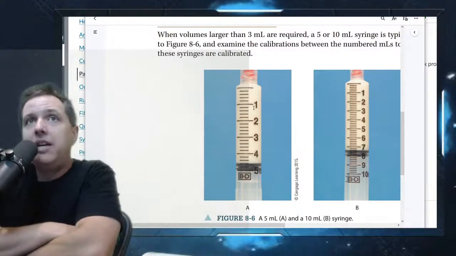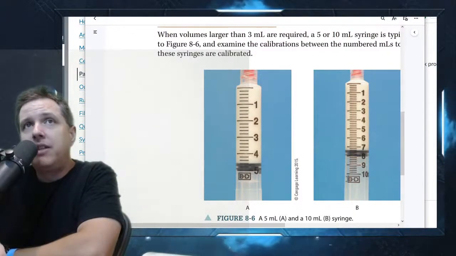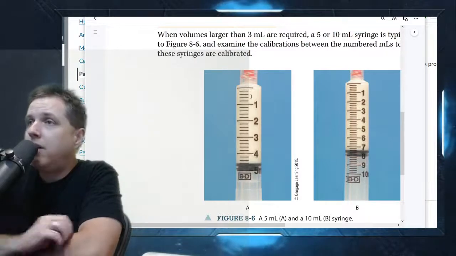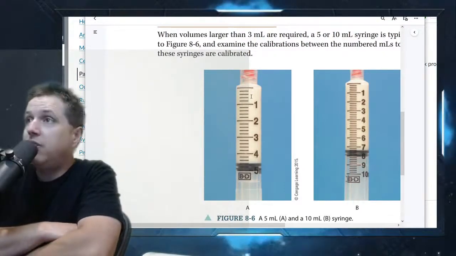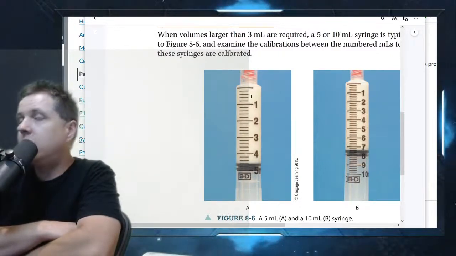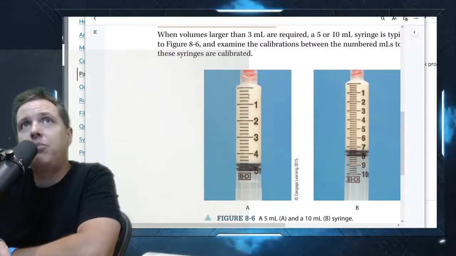We know that this 1 represents 5 milliliters because down here it says 5 milliliters. So that would be 1 milliliter. Well, if we take 1 milliliter and divide it by 5, we get a fifth of a milliliter, or 0.2 milliliters, right? You just carry out the division. So that tells us that each gradation is 0.2.